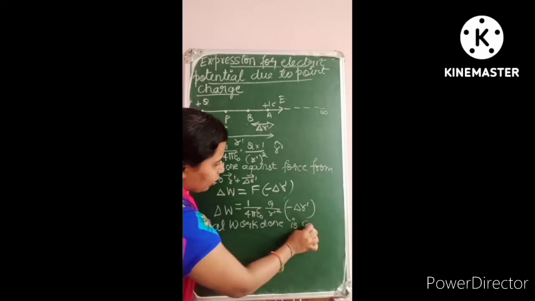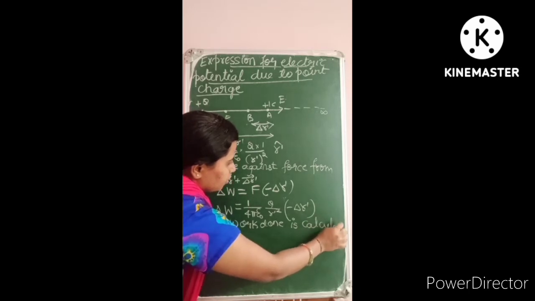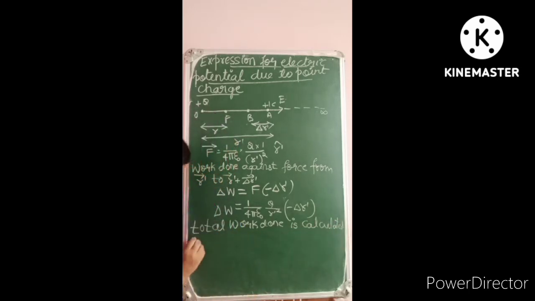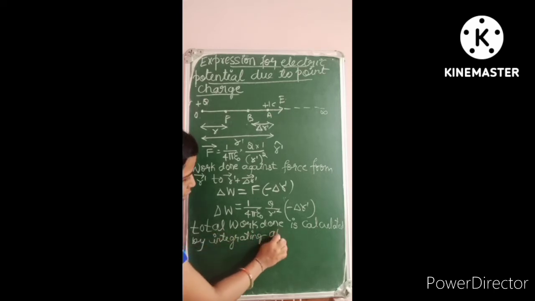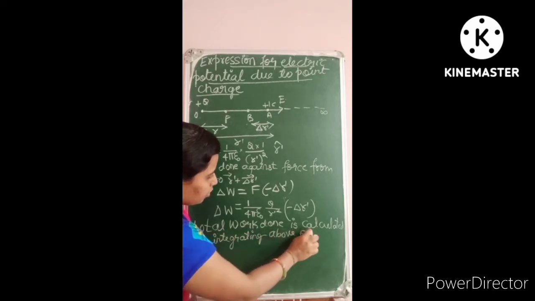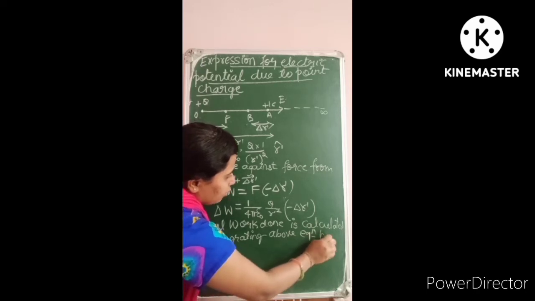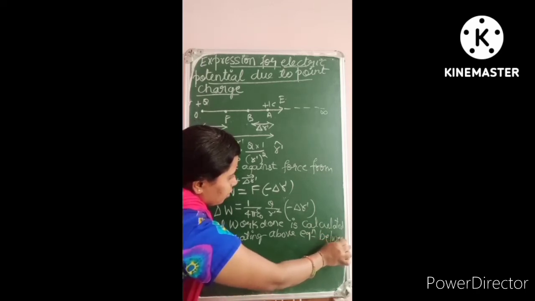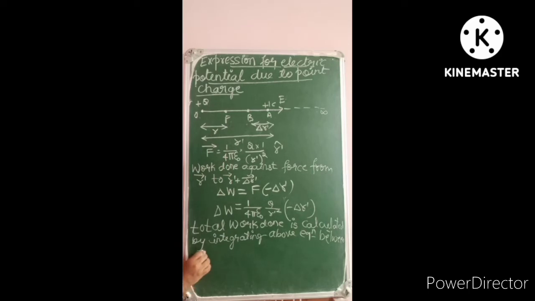The total work done is calculated by integrating the above equation between R dash is equal to R and R dash is equal to infinity.